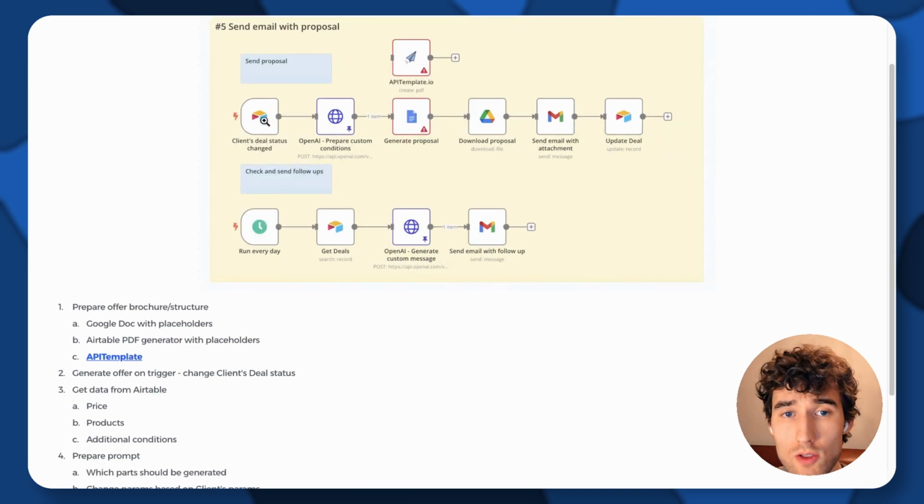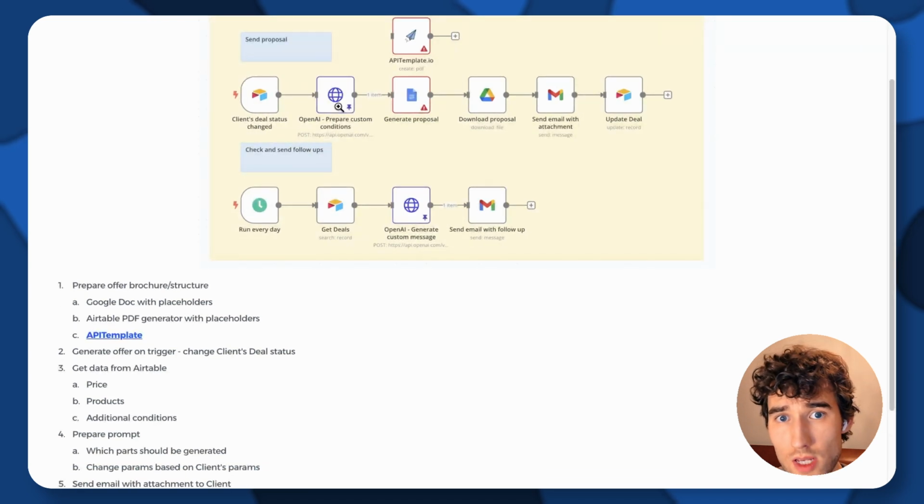So when the deal is ready, you change the status, then, as an optional step, you can prepare some custom conditions, depending on the documents that you usually send to the client, maybe add additional products or some conditions on deadline. It all depends on your business.